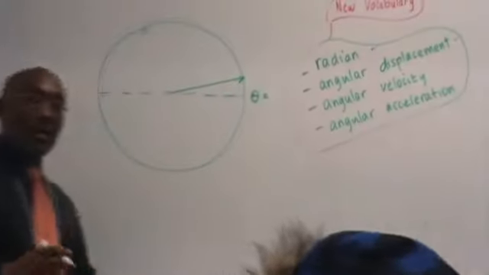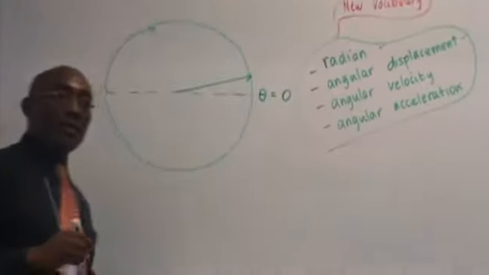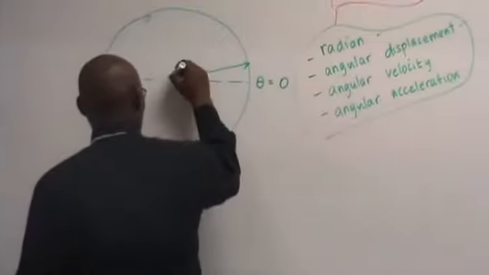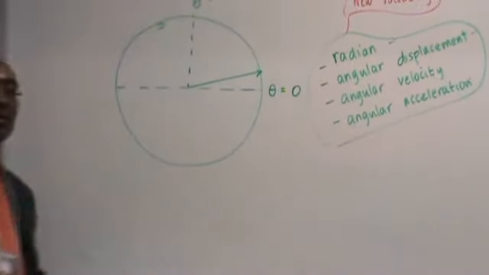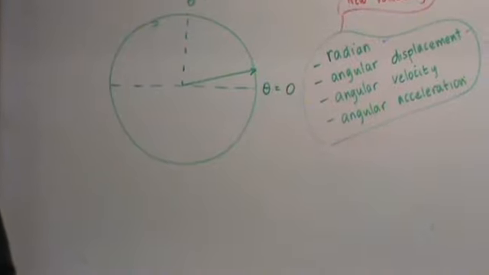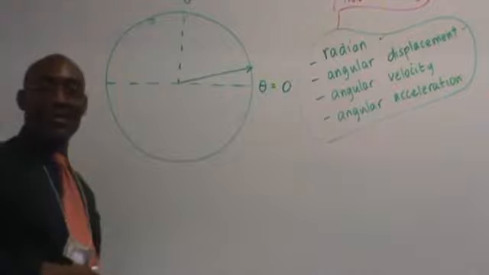That theta right there is how many radians? 0, right? How about up here? How many radians is that? You guys don't know.